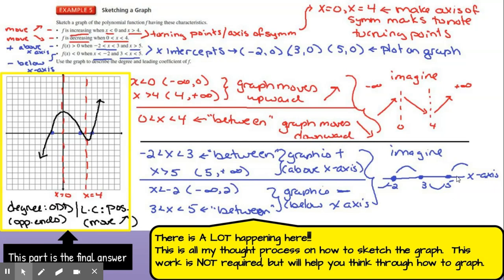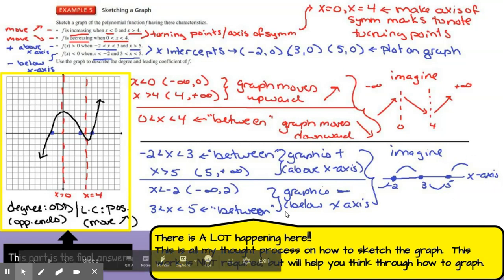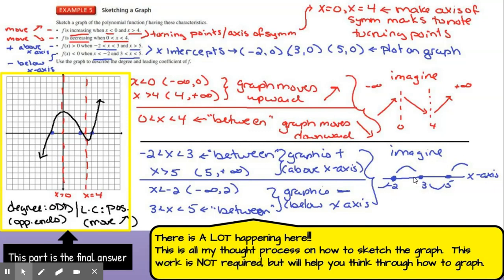And then from 5 to positive infinity, I'm above it. And notice it kind of oscillates down and up. That's what should happen. You should not have a down, up, down. They should be alternating. Same thing up here. I went up, down, up.